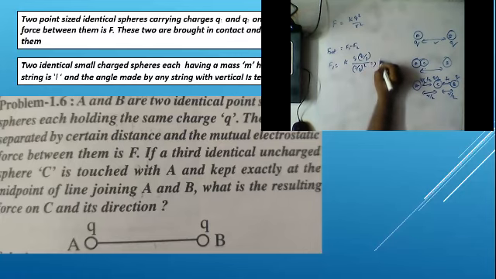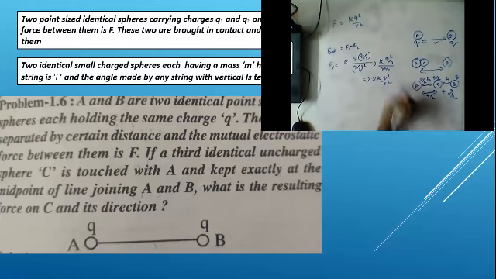Ultimately you can write it as K Q square by 2 by r square by 4. As the 4 goes up, we can write this as 2K Q square by r square.